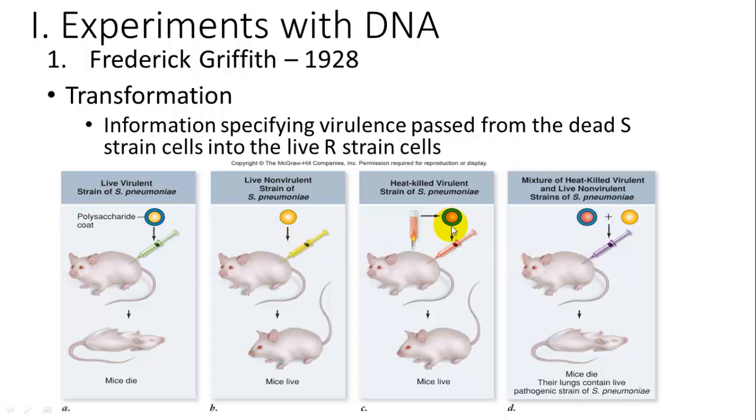He killed the virulent strain that killed mice, and after he killed it and put it in, the mice lived. But when he mixed a heat-killed virulent strain with a non-virulent strain, the mice that were injected with this mixture died.